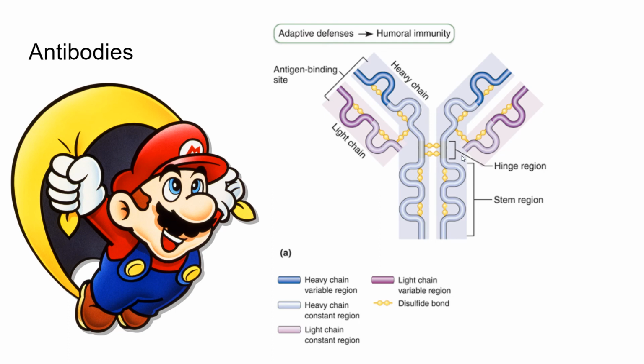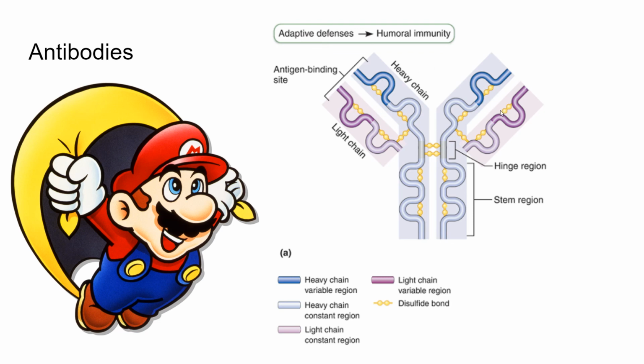They have this kind of Y shape to them, and they have what are called a light chain and a heavy chain. They have two of these light chains and two of these heavy chains, and they're just called that because the light chain is small, this little piece, and the heavy chain is big. The important part of this is this outside region here.